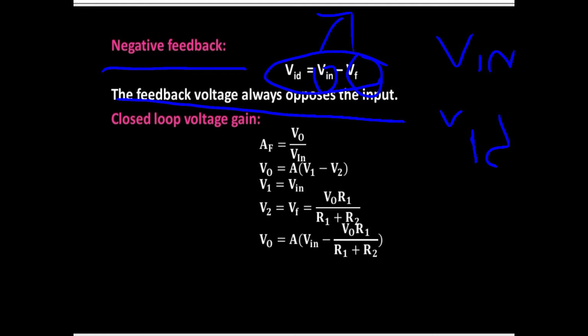Let's come to the closed loop voltage gain, that is AF equals V0 by VIN. V0 is the output of our closed loop amplifier and VIN is the input of our closed loop amplifier.